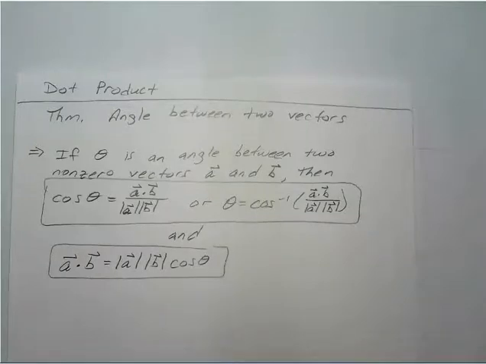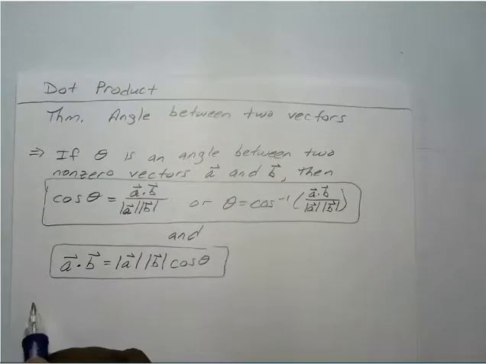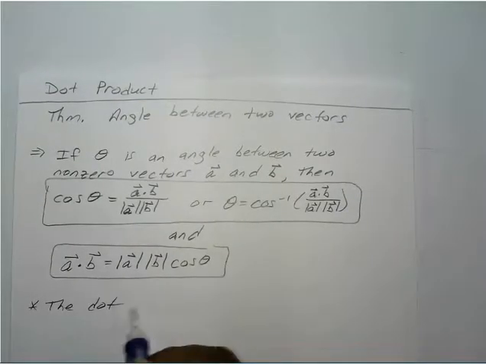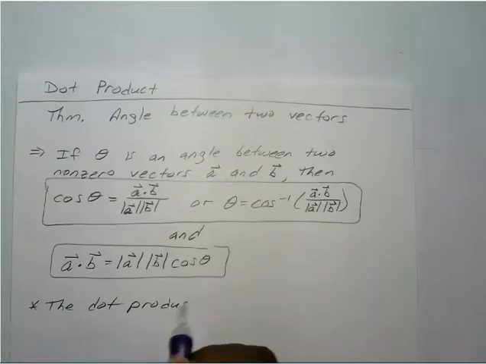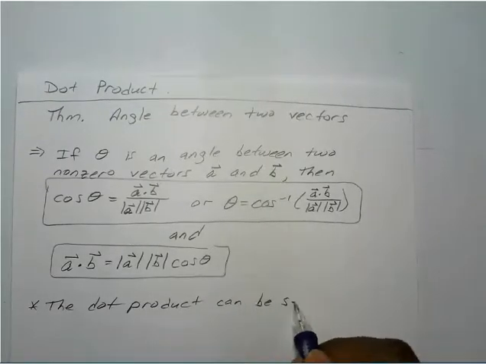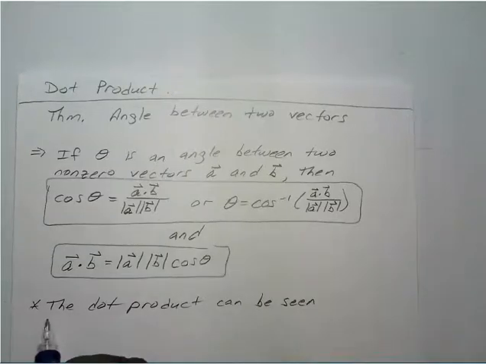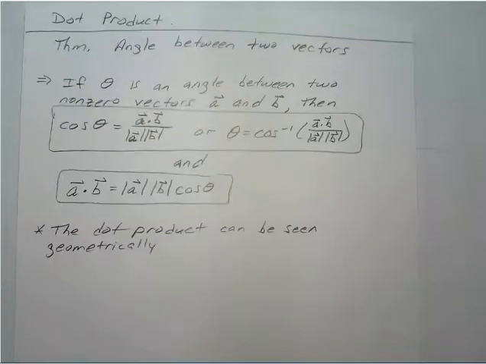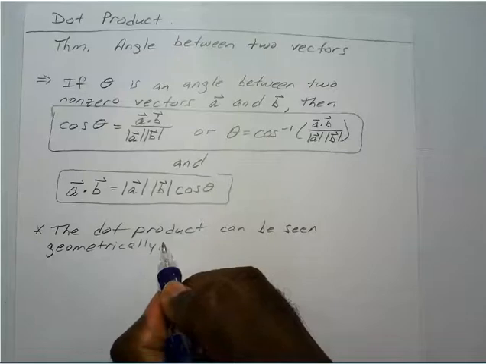All right. So if we wanted to look at the dot product geometrically, it can be seen this way.